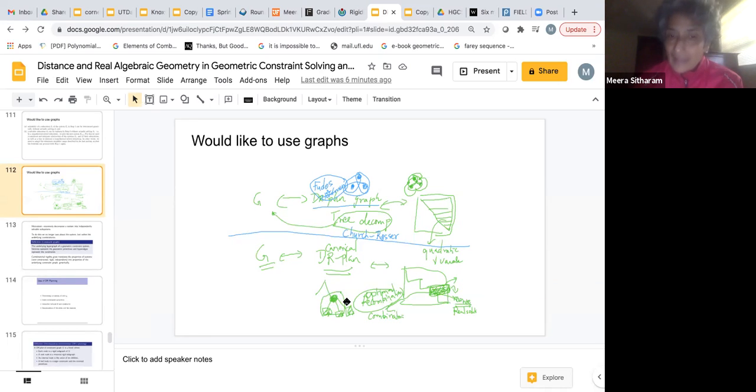And that number is a rough gauge of how big and how complex the block is that you're going to be solving at that stage. It's not an exact measure.